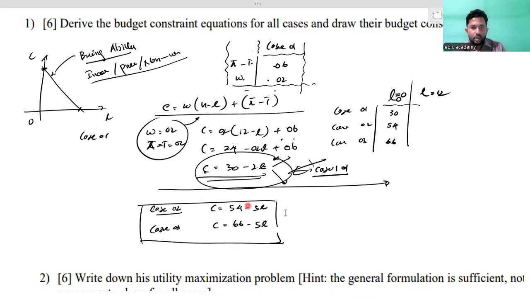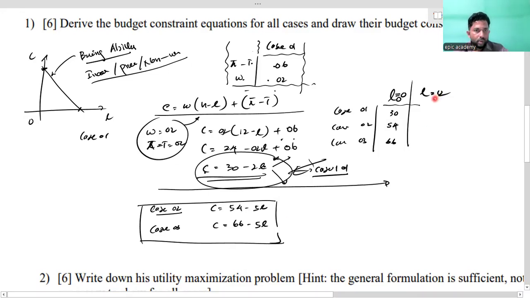Right, 66. Then we got the endpoint for leisure. Maximum you can spend only 12 hours, because H equals 12. So if you assume the leisure value is 12, you put that 12 into this equation, and you get plus 6.